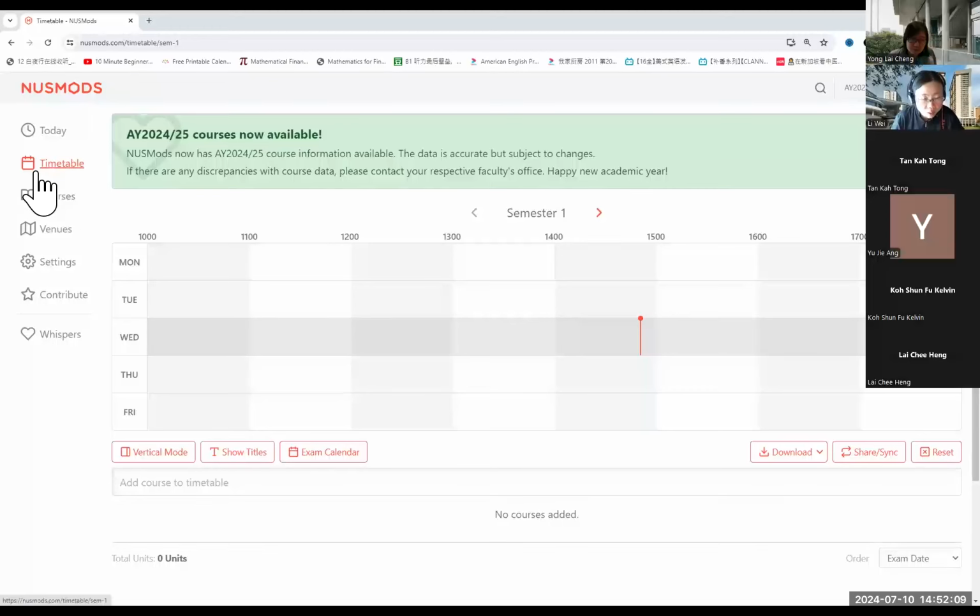We have these tools, and I have seen some students make this timetable. If you do it on your cell phone, maybe you will see another version. Let me stop the sharing.